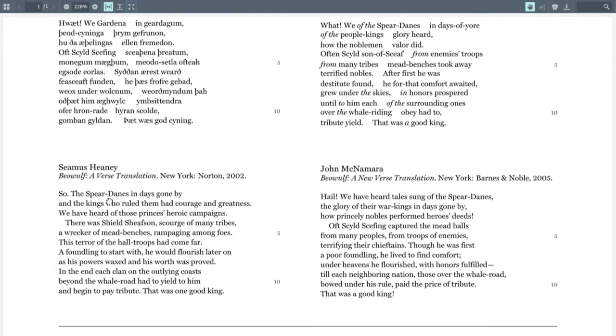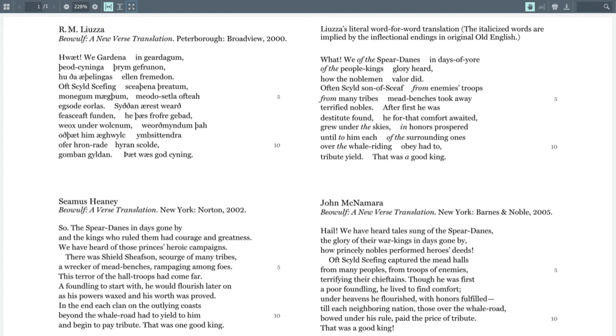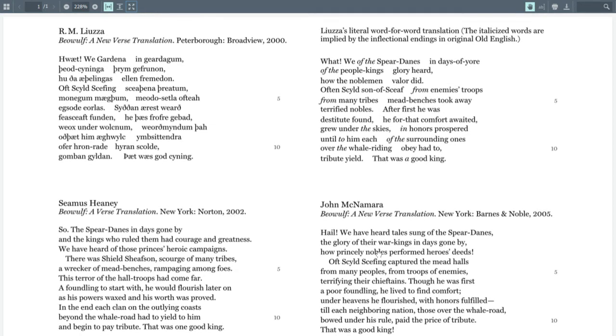Seamus Heaney's translation is down here. And again, there's his opening word, "so." More traditionally, we would have used words like hail or hearken. This translation up here, for example, uses the word "what." And that's more of a phonetic echo of the original word.